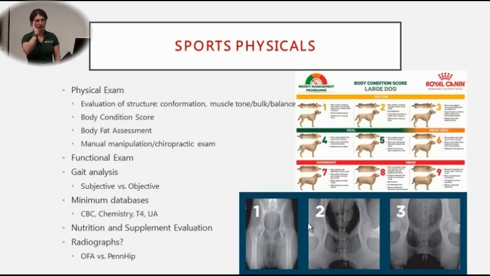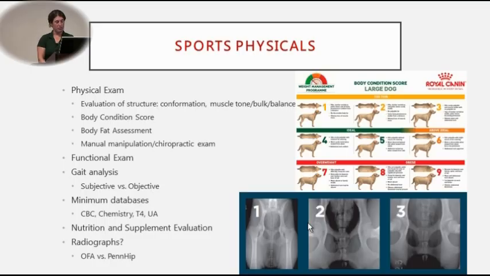So out and back, watching side to side at the walk and the trot, maybe doing some circles, maybe even watching the dog go through some of the skills that they'll be doing in their sport. And then objective gait analysis, if you've got access to these TechScan and GaitRight mats, if you've got access to the kinematics and kinetic systems, even better. But even if we don't have access to some of the objective systems, the subjective data is better than none.